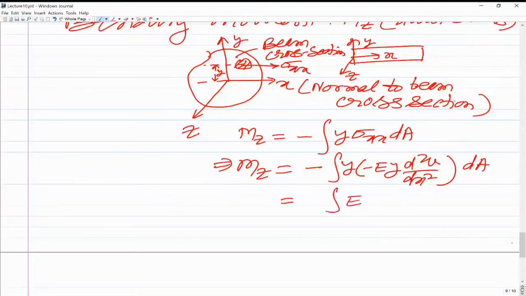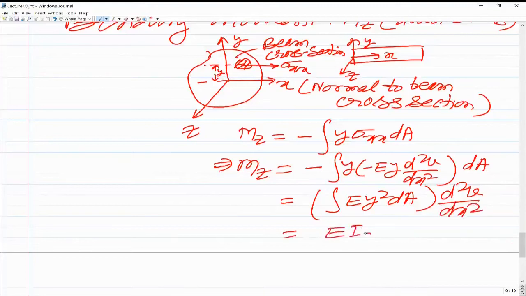So we have E y square dA, and d2v by dx square can be taken out of the integration sign. And y square dA is the second moment of area about the z axis, so we can write that as E into Izz into d2v by dx square.